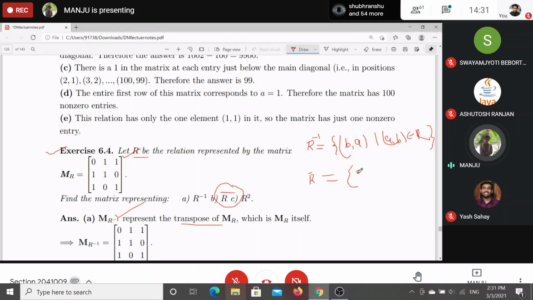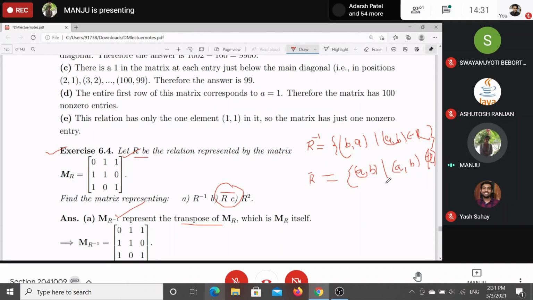All those elements which are not present in the relation, right? If AB is not present in the relation, A and B are not related by this one. So if AB are related via relation R, then it is not related by the complement, and if it is not related, then it will be related.